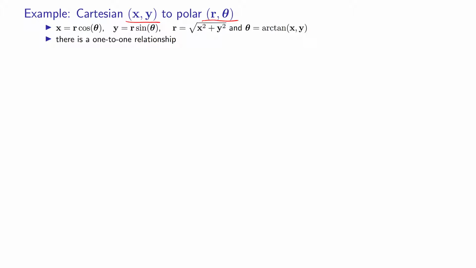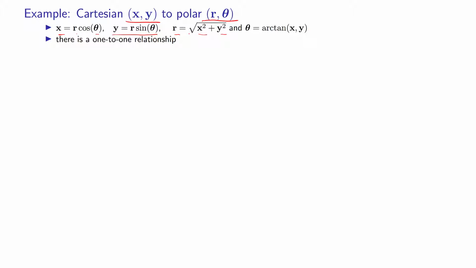So the pair x, y: if you have r and theta, you can calculate x and y using these two equations. And similarly, if you have x and y, you can calculate r and theta. So there is a one-to-one relationship between these two representations. So it's like a transformation.